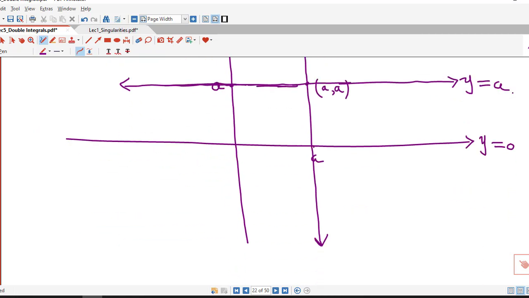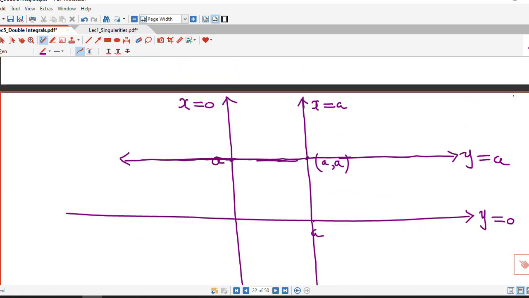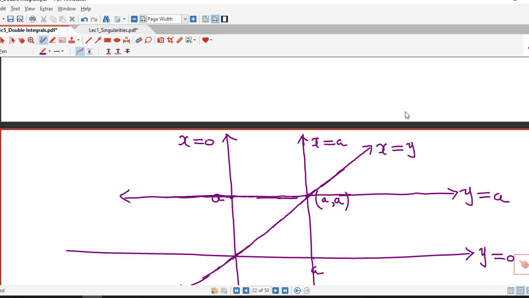So we have to sketch the line x equal to y. It is passing through this point and the origin. After joining these two points we are able to sketch that the line x equal to y is passing through the origin and the point (a, a). So this is the line x equal to y.